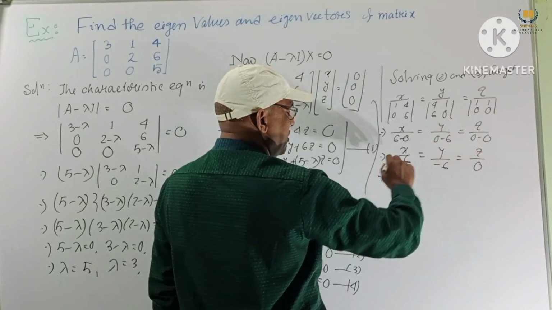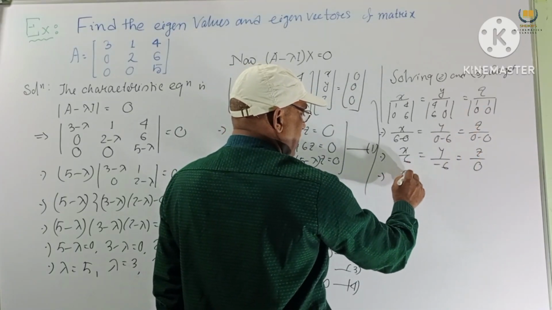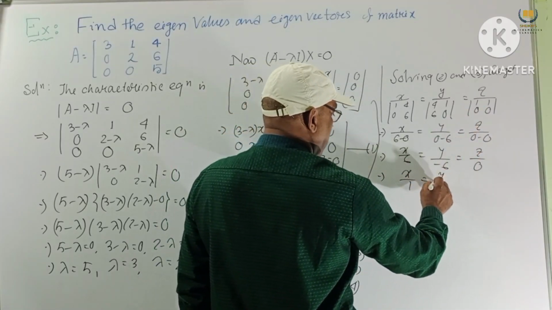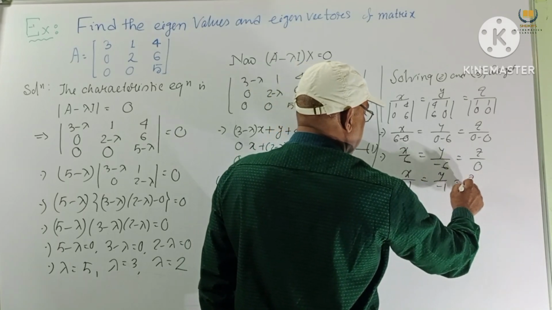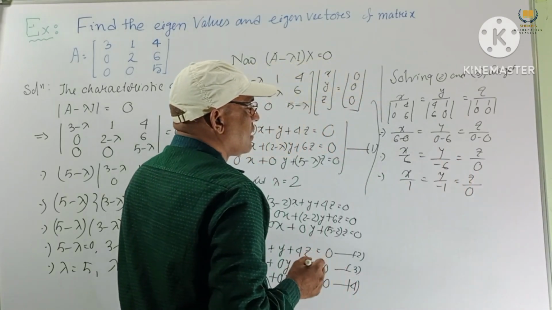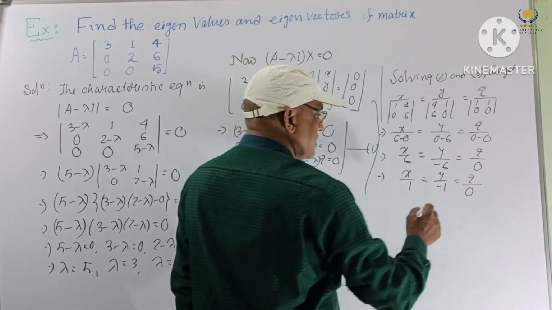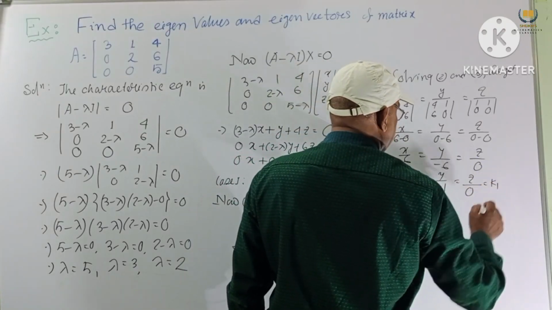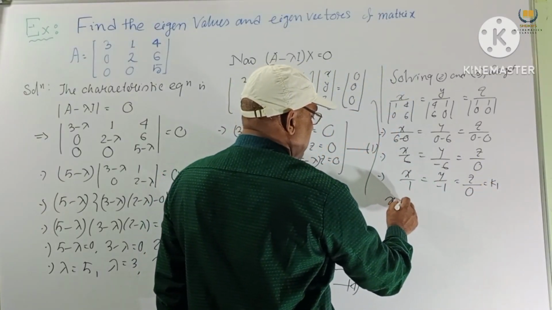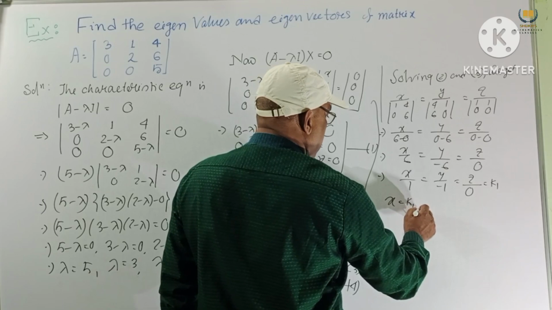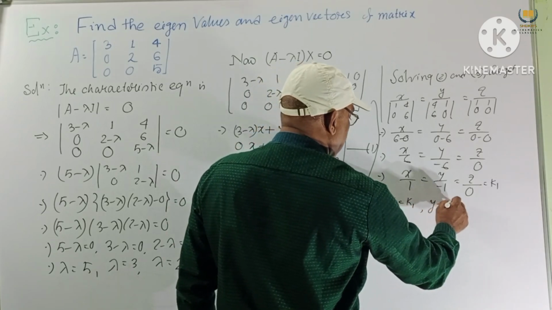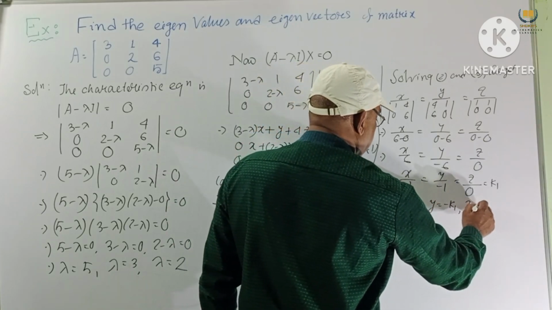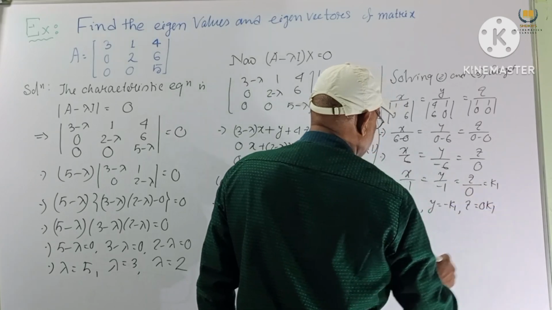Multiplying both sides by 6 gives x by 1, y by minus 1, z by 0. Therefore, supposing this equals k1, we get x equal to k1, y equal to minus k1, z equal to 0.